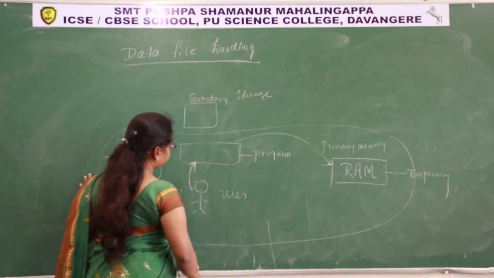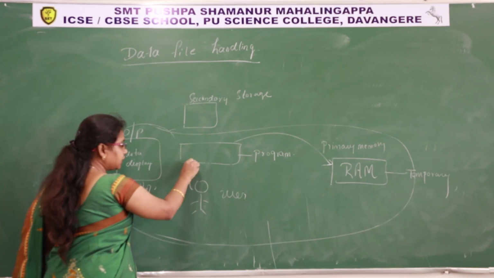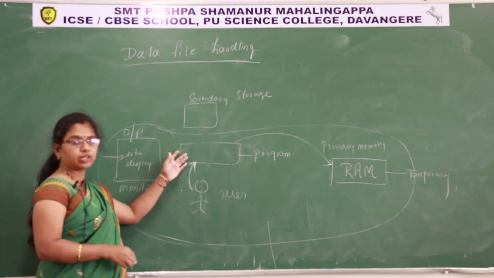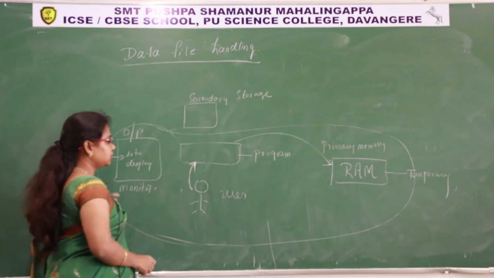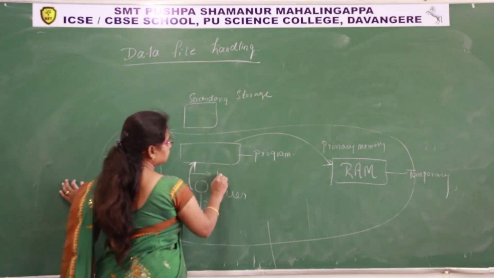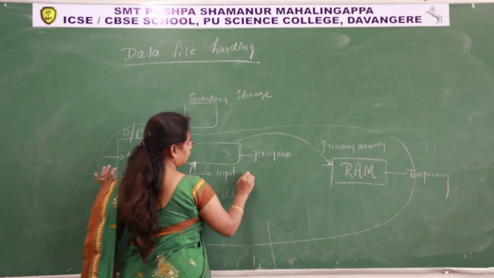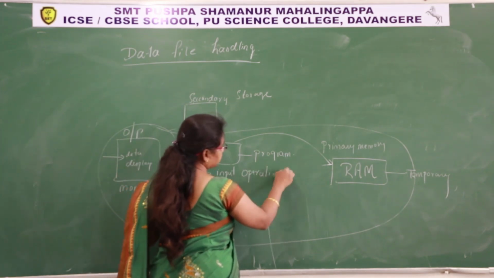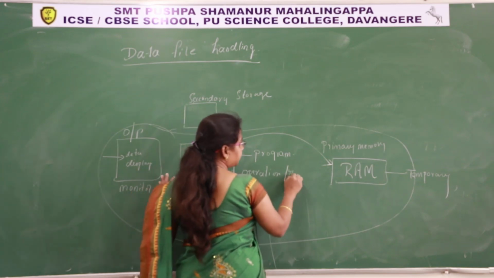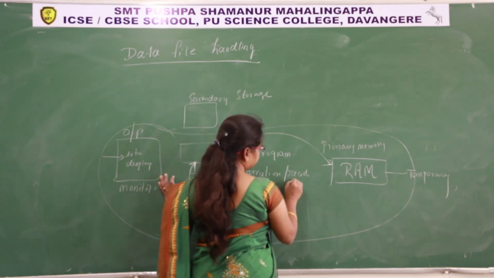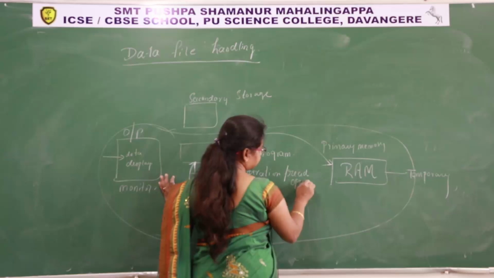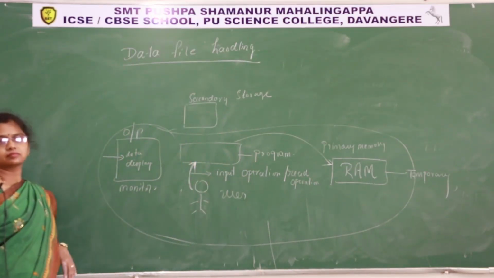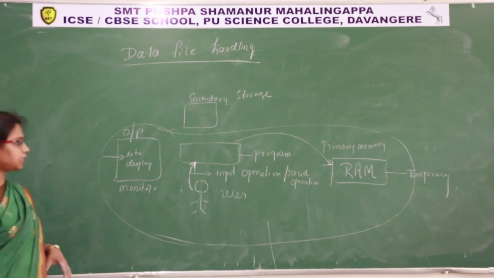See here, the process of giving data to the program, we call it the input operation, isn't it? This is called input operation, or read operation. I hope you are understanding.